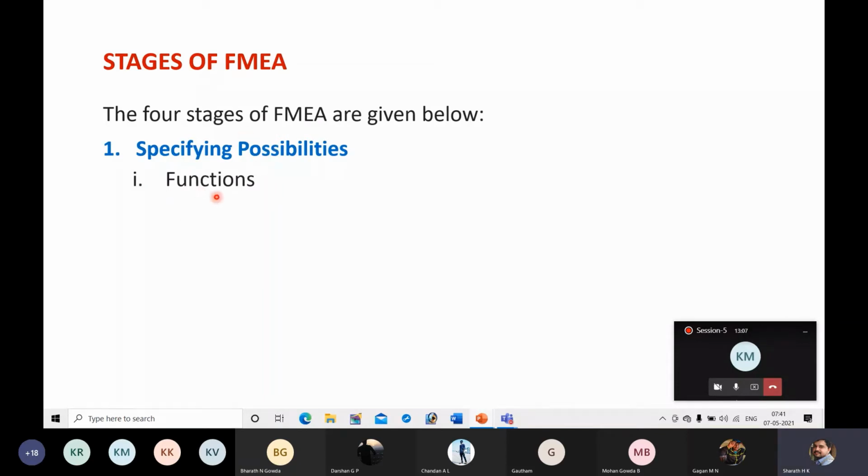If you consider any product, we are going to buy a product because it is going to do some functions. Okay, consider the product called mobile phone. What are the functions of the mobile phone? Why do you buy a mobile phone?